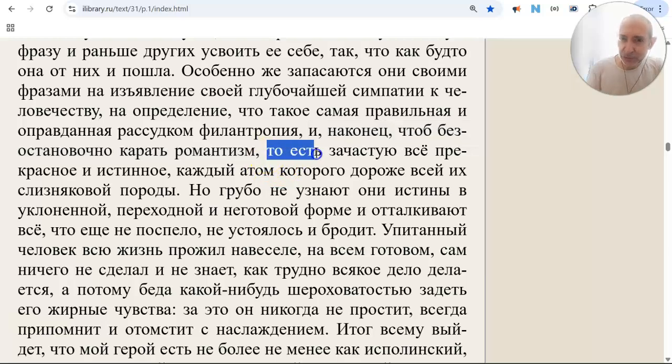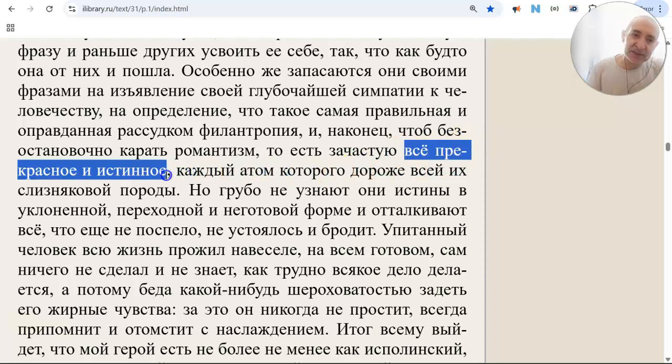То есть means in other words, зачастую, oftentimes, все прекрасное и истинное. So, everything прекрасное, beautiful, и истинное, and genuine. So basically they use those phrases in order to torture, in order to degrade in this case. But карать means basically to torture or to punish. But here it's to degrade romantism, which is, то есть, which is often everything beautiful and genuine.